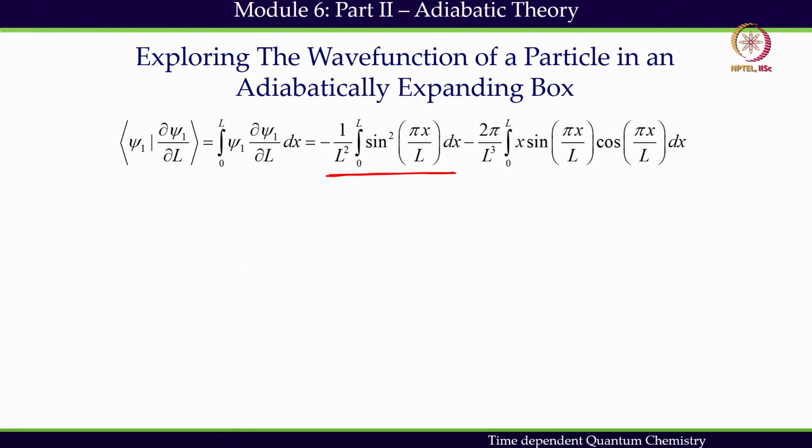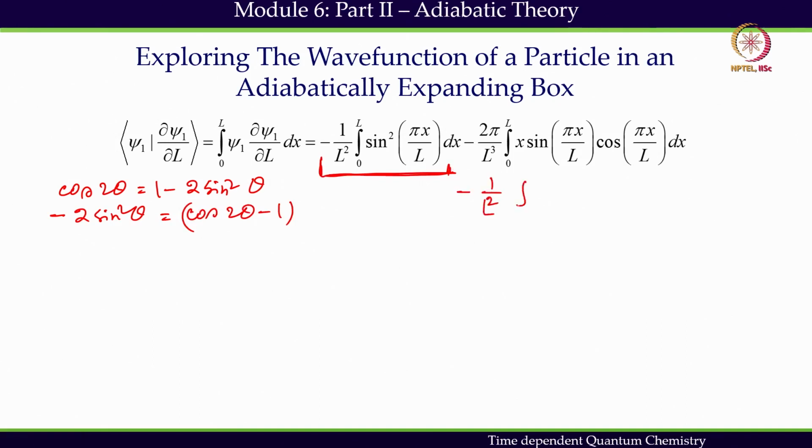In order to do this first integration, we will use the trigonometric identity cos 2 theta equals 1 minus 2 sine square theta, or minus 2 sine square theta equals cos 2 theta minus 1. We'll use this one because in this part, which is minus 1 by L square, integral 0 to L of sine square pi x by L, we will make it like this way.